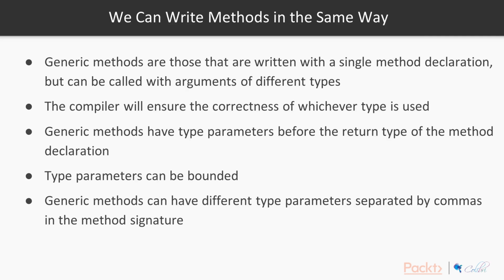Generic methods have type parameters before the return type of the method declaration, exactly the same as a class. Type parameters can also be bounded, so you don't have to specify a type. You can say extends Number, for example. Generic methods can also have different type parameters separated by commas in the method signature.